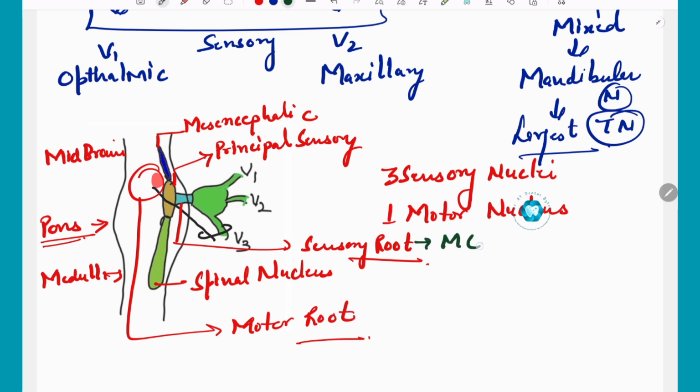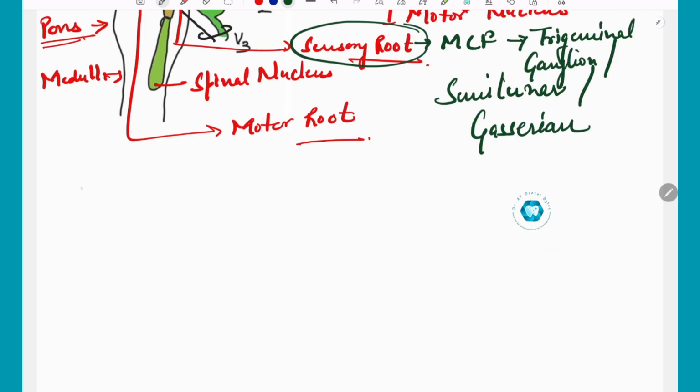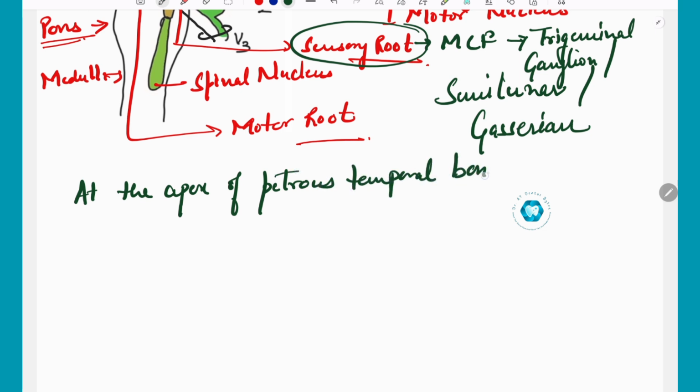In the middle cranial fossa, the sensory root expands to form the trigeminal ganglion or the semilunar ganglion or the Gasserian ganglion. This ganglion is present at the apex of petrous temporal bone in a cave which is referred to as the Meckel's cave.